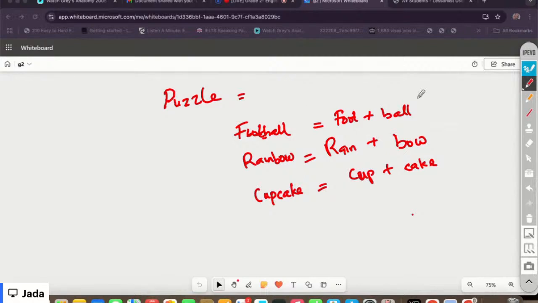So these are all compound words here. You're coming together with the smaller words and forming the bigger word. We have foot, ball, it gives us football. We have rain, bow, it gives us rainbow. We have cup, cake, it gives us cupcake. So that's what compound words are all about.